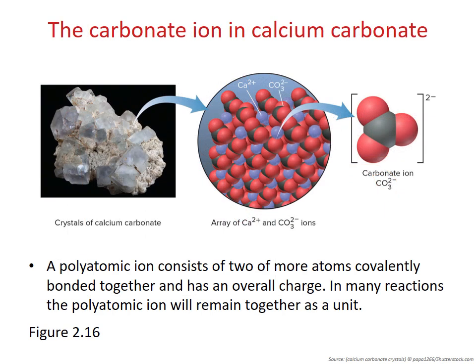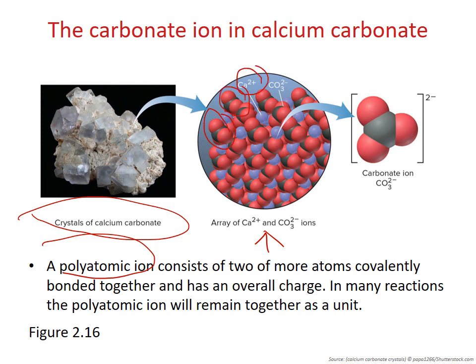Many ionic compounds contain polyatomic ions, which consist of 2 or more atoms bonded covalently and have a net positive or negative charge. For example, the crystalline form of calcium carbonate occurs on the atomic scale here as an array of polyatomic carbonate ions with positive charged calcium ions.